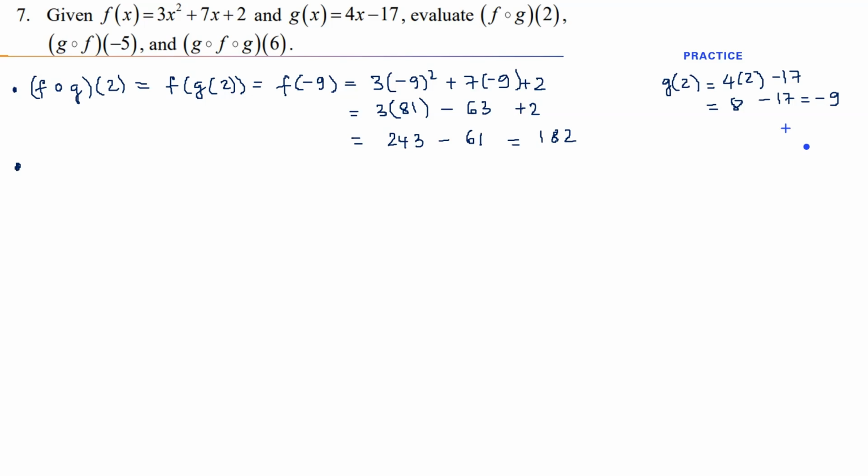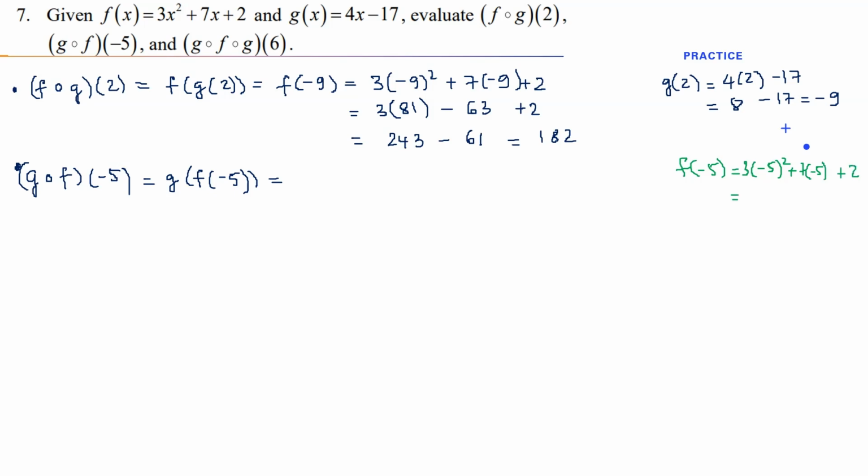Okay, so for the next one, we'll have g of f of negative 5. Now we rewrite as g of f of negative 5. Now we have to know what is f of negative 5. So we plug in 3 times negative 5 squared plus 7 times negative 5 plus 2.